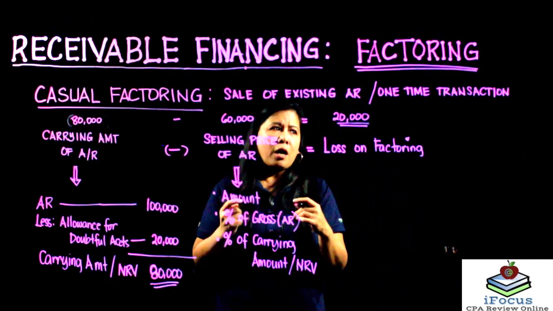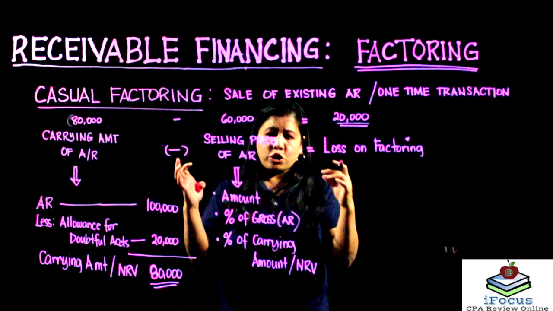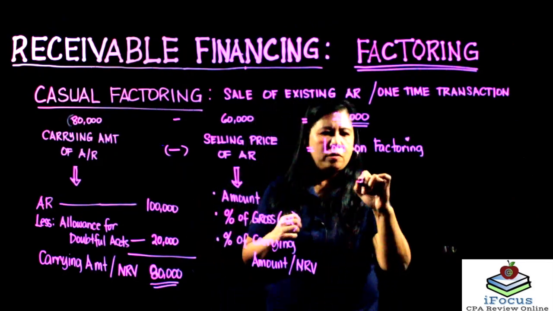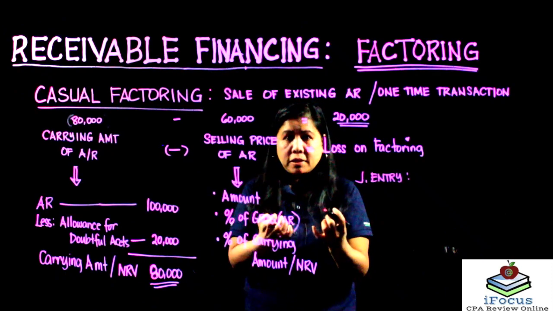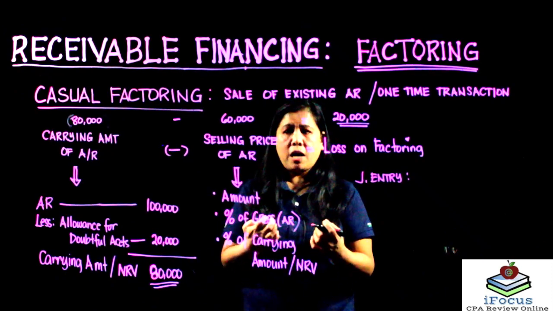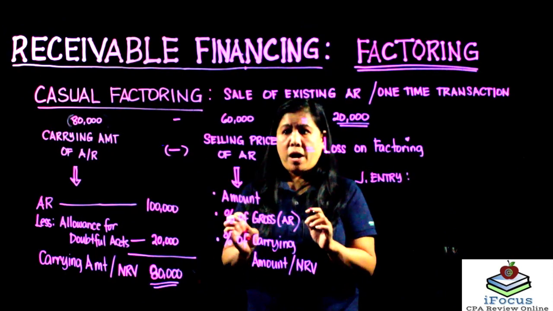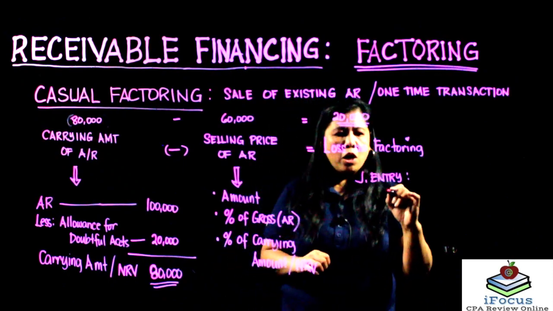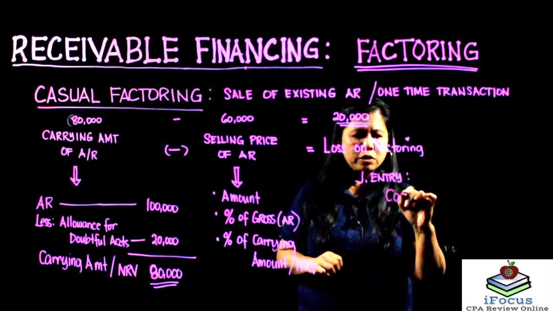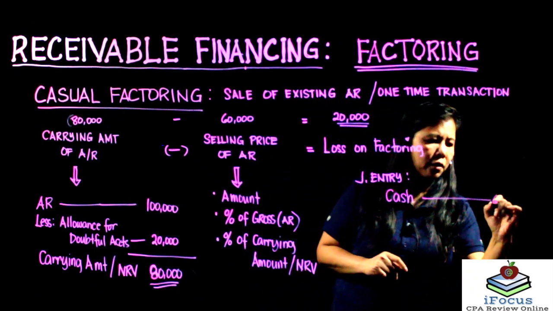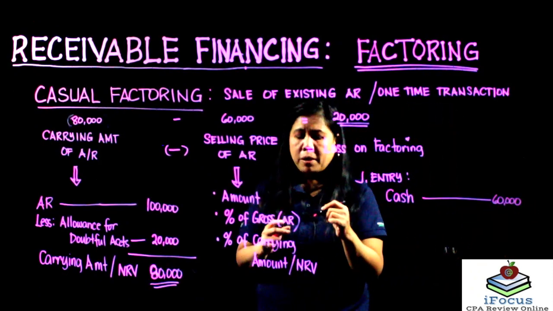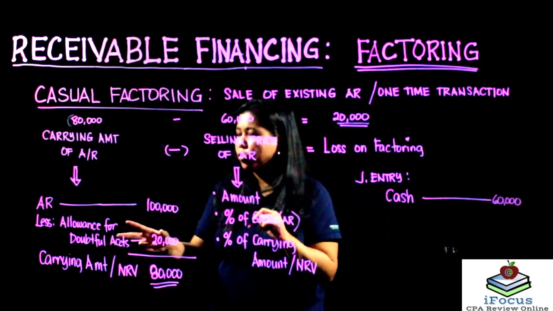Okay? Now, our entry on this transaction is we debit the cash, kung magkano man yung cash na na-receive natin, usually yun yung selling price na accounts receivable. So, we debit our cash of 60,000. We debit our allowance for doubtful accounts.